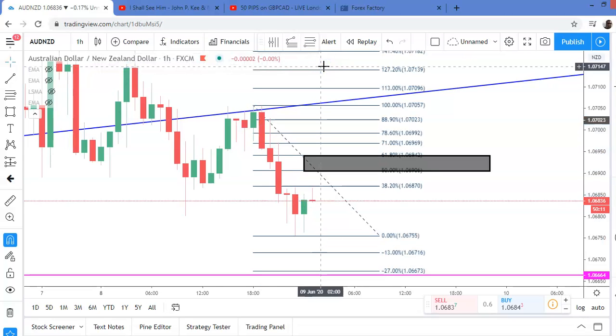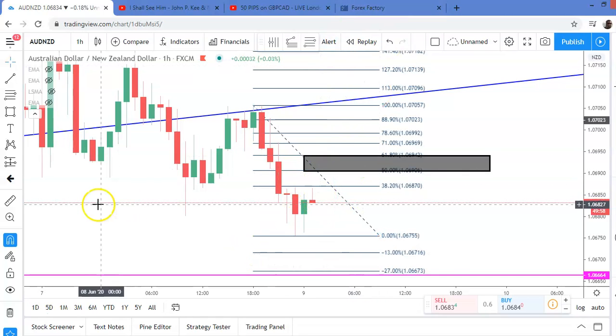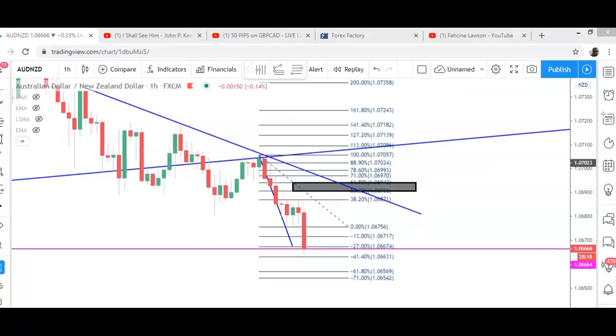I'm going to pause this and restart it once the market moves a little bit more to see if this trade goes our way. All right. Okay, I just want to show you guys real quick what happened. So price wound up going down a little bit further, down to the 2.7 retracement line.